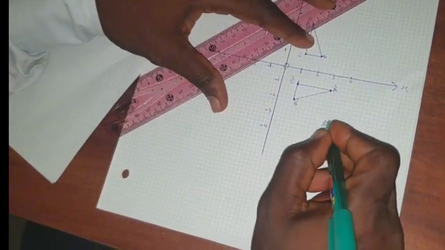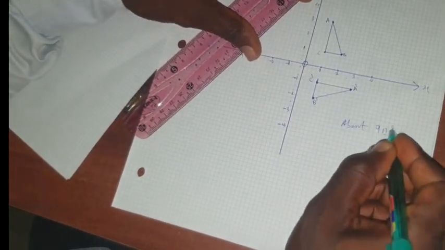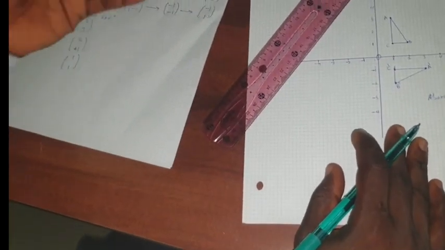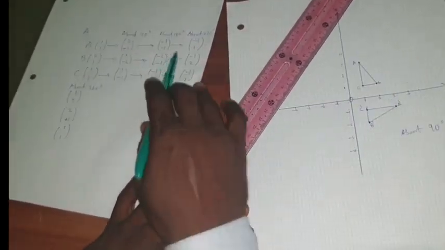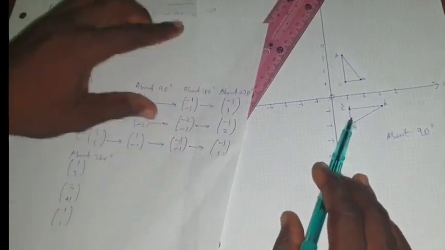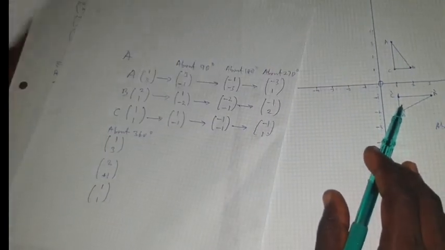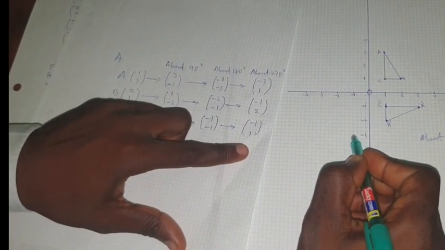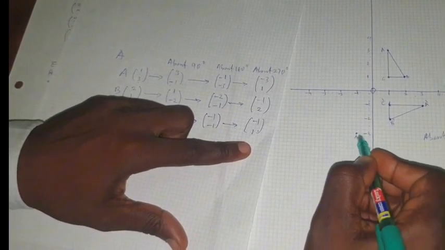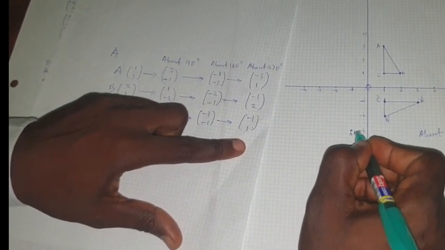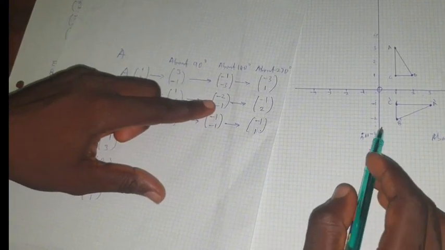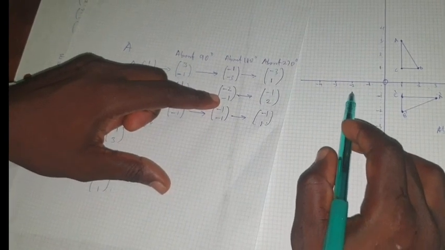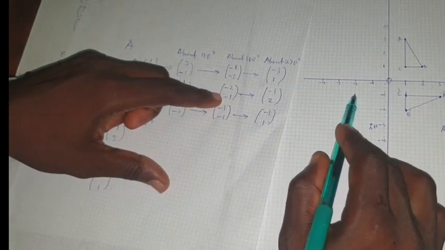Then about 180 degrees. That is when x is minus and y is minus. When x is minus 1, y is minus 3. So minus 1, minus 3 is A prime prime. Then B prime prime, minus 2, minus 1, minus 2 on x-axis, minus 1 on y-axis.